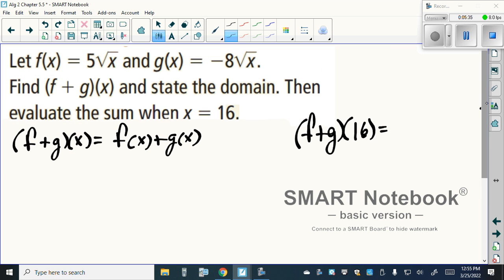Now, for us here, in this case, f of x is 5 square root of x, and g of x is negative 8 square root of x. So we can replace those two.